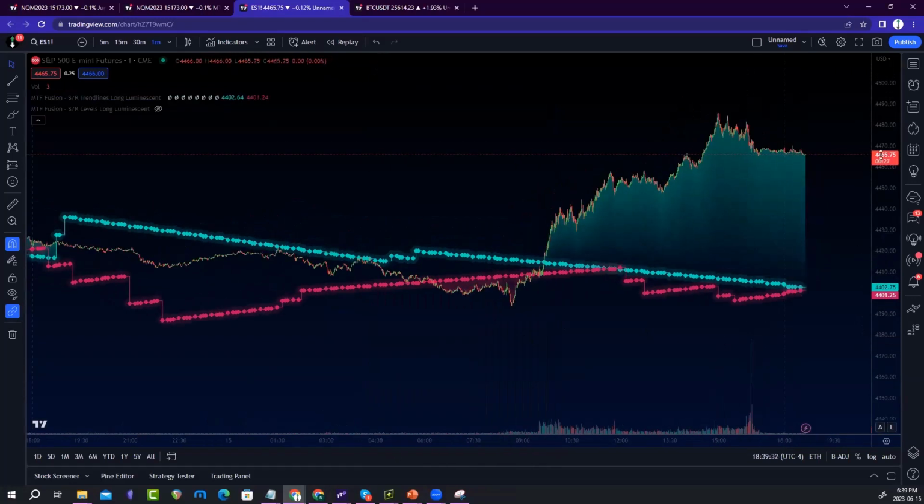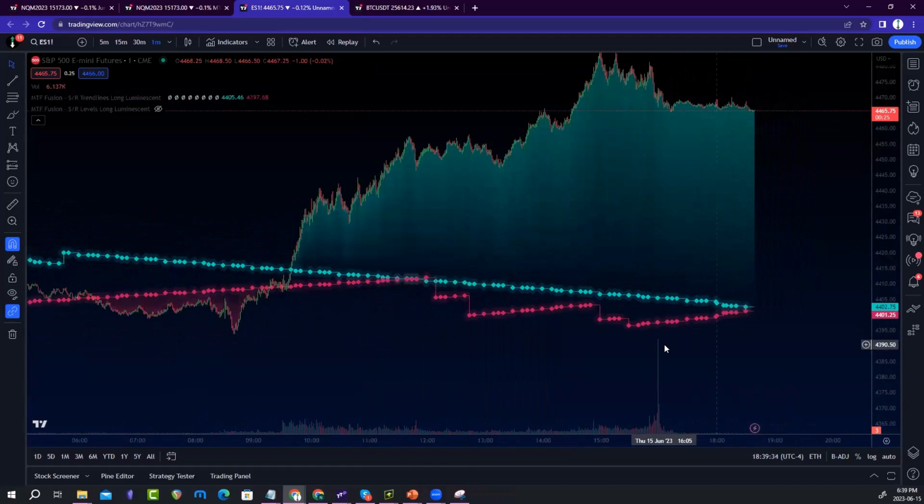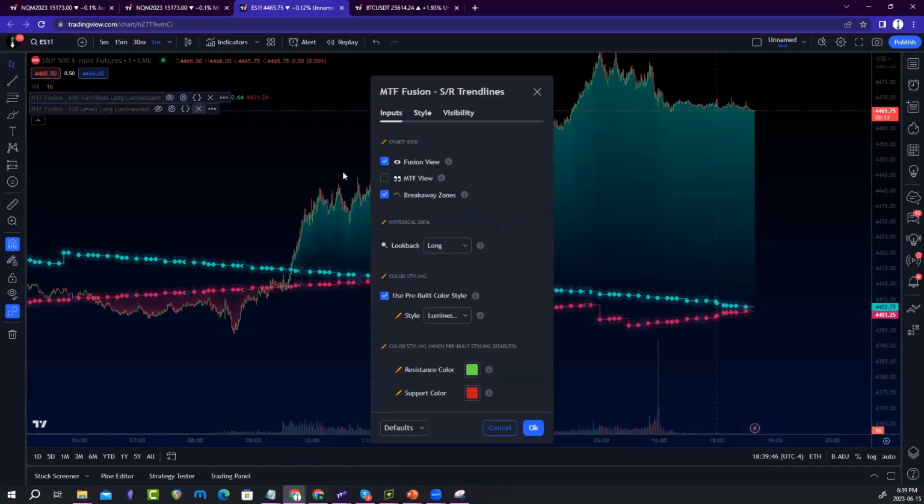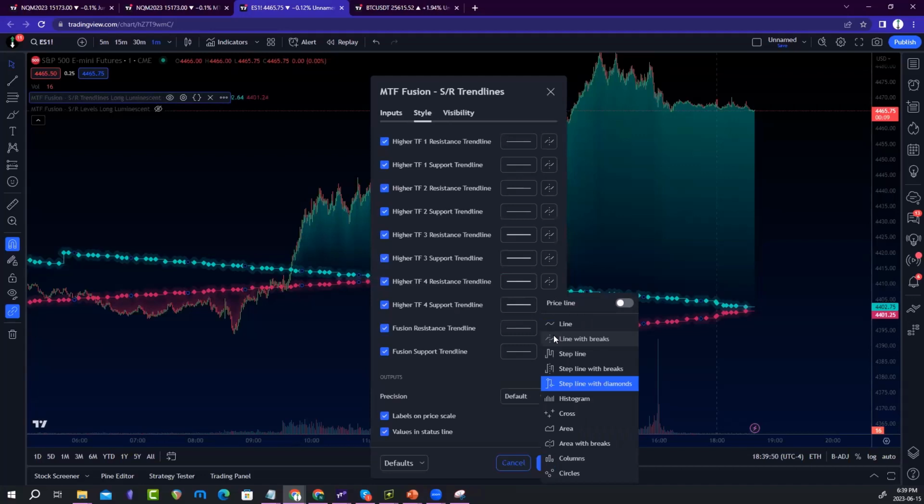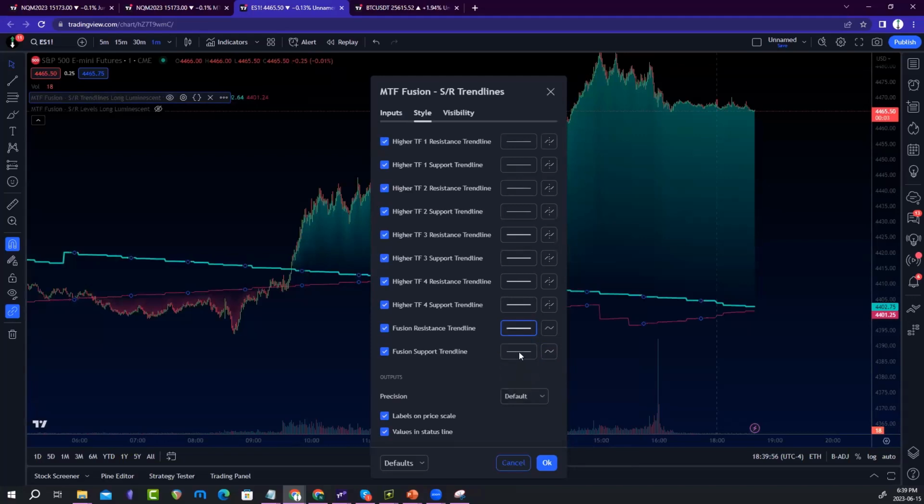And we chose the diamond plots, or I chose them because I think it's nicer to have a general sense of a level than a magic line that you're considering, hey, if price just touches this, well, I'm going to buy or I'm going to sell. It's nicer to have a thick line that you can see, but I understand if you don't like these visuals, what you want to do is go to style, just change the fusion resistance trend line to line, and the same thing for support, and maybe thicken them up a bit so you can differentiate them from other lines.